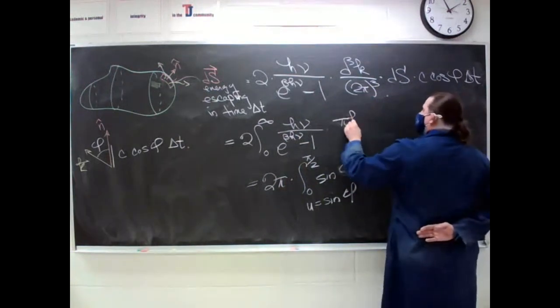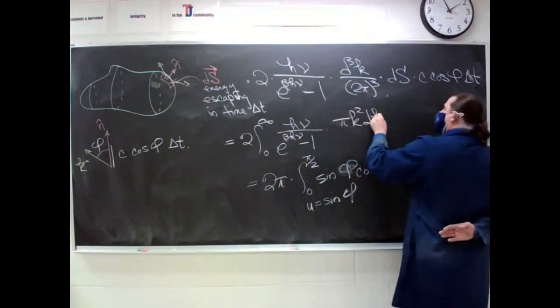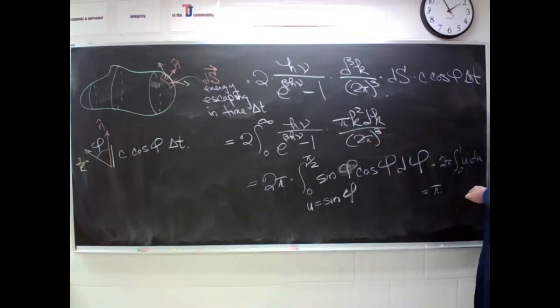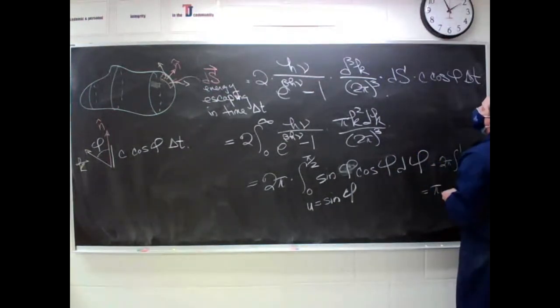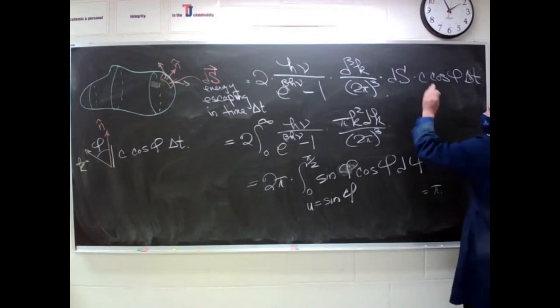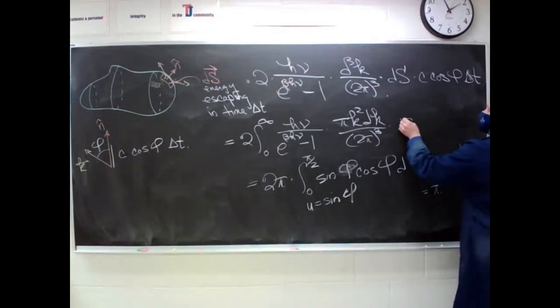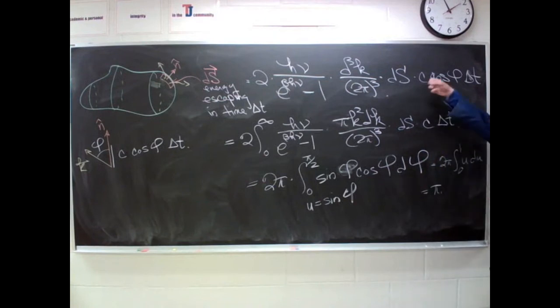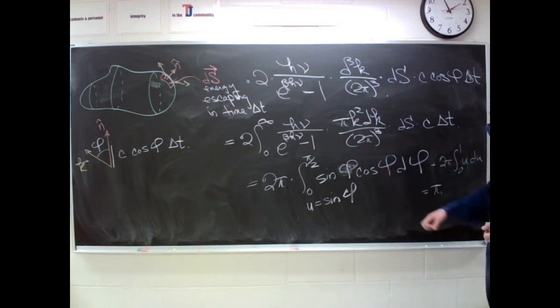This is going to give me pi k squared dk divided by 2 pi all cubed. And then I'll get my dS c delta t, with the cosine integrated out with the angular integration.